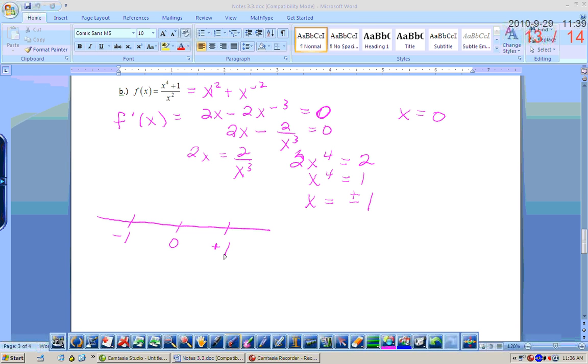Okay, so now where do I plug my test points into? The derivative. Okay, so I'm going to plug in a negative 2. I'm going to plug it into this line right here. So negative 2 is going to be negative 4 minus 2 over negative 8. So negative 4 plus 1/4. That's negative.